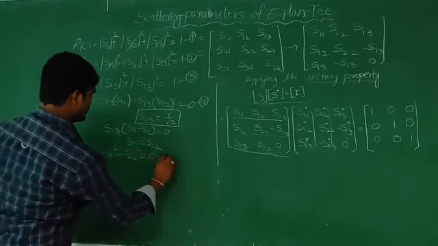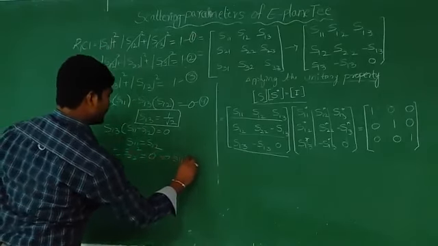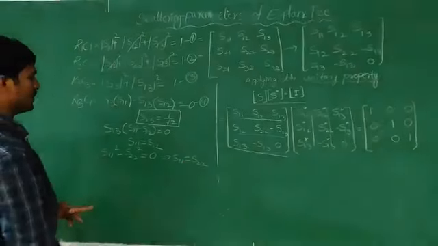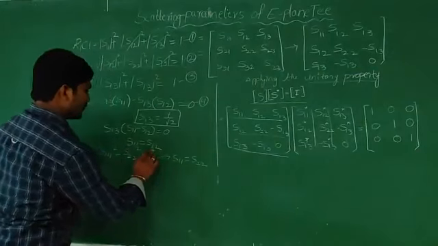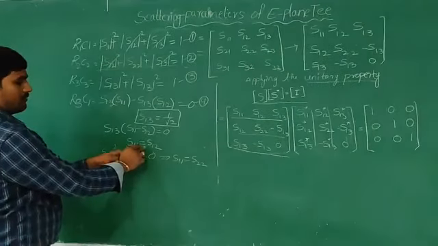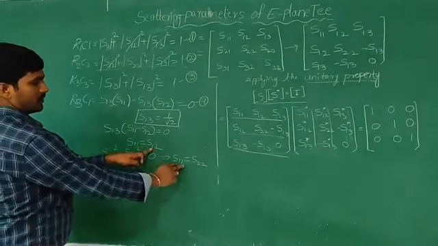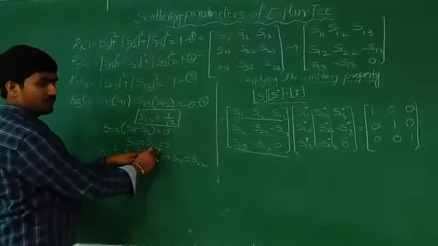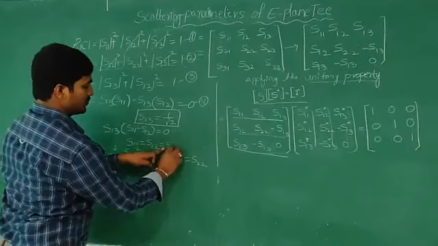So we can write as S11 equal to S22. Okay, we got S11 equal to S12, S11 is equal to S22. So we can write as S11 is equals to S12 is equals to S22.